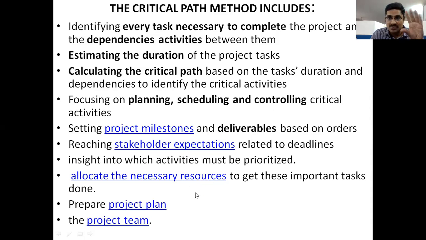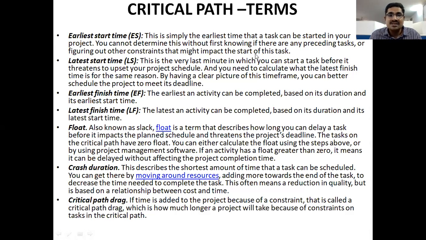Resources here means the 5 M's: money, men, material, methods, and machineries. So allocating and controlling of the resources, and the project plan with the project team. These are a few points included in CPM. Next, the earliest start time, latest start time, earliest finish time, latest finish time, floats, crash durations, and critical path. These are the few terms we should understand here.